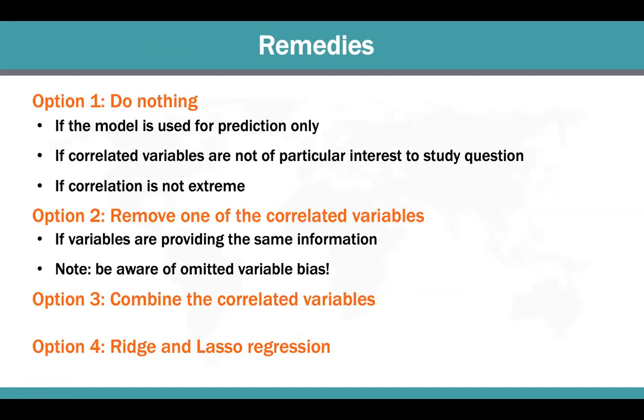Option 2 is to remove one of the correlated variables. Here you examine the actual variables and figure out whether they are providing the same information.